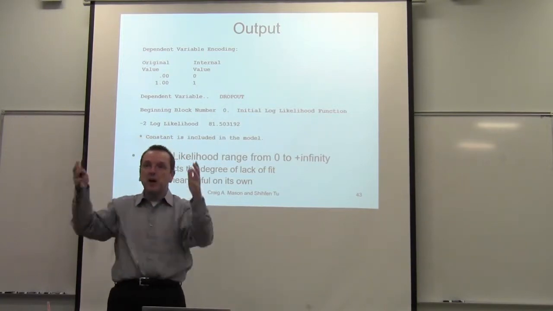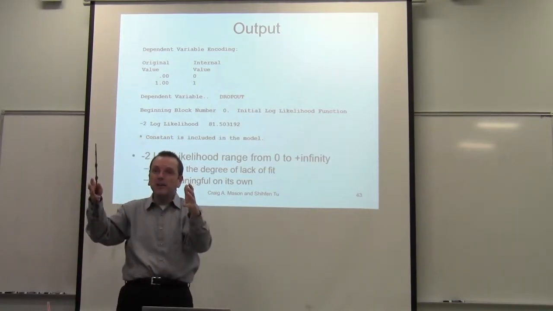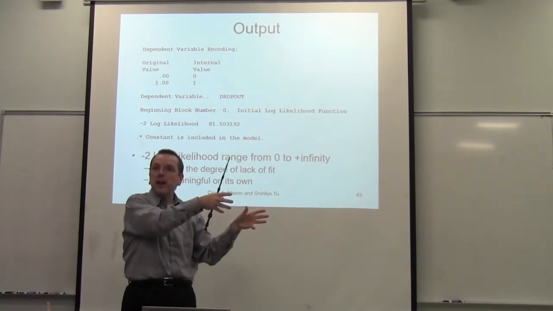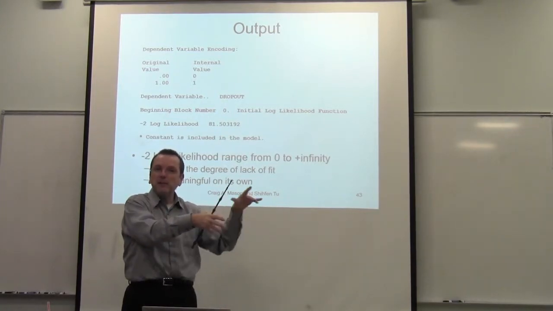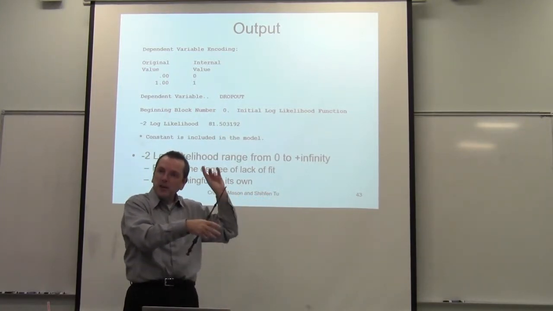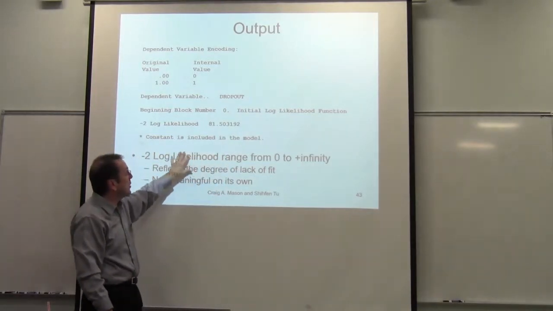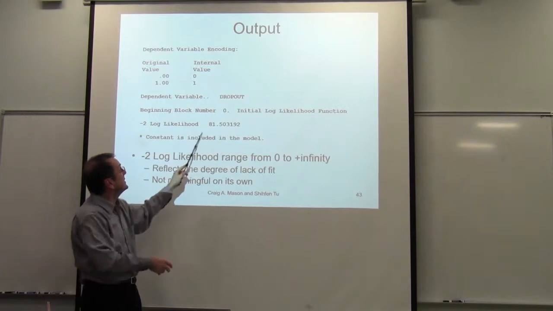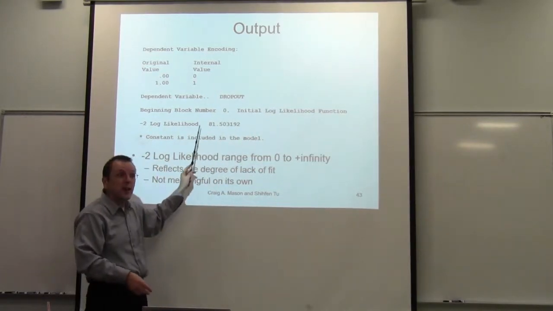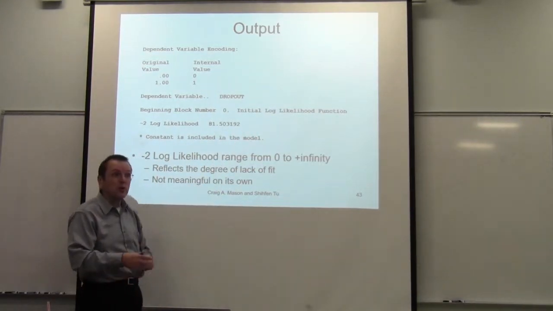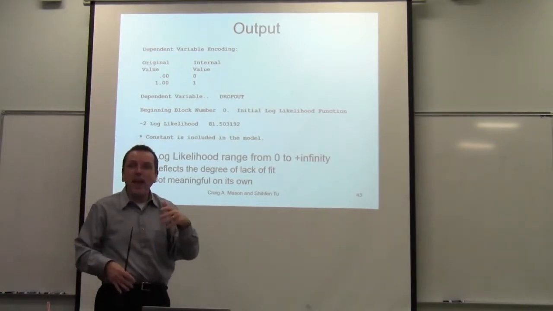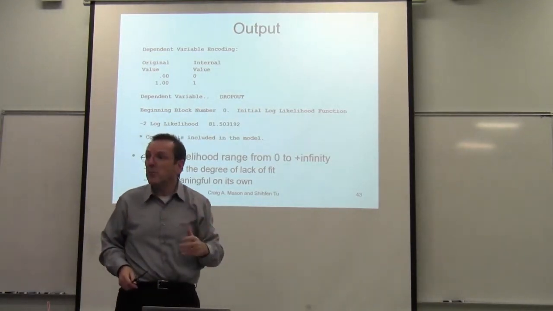So I'm proposing a model, and does this model fit what we see with the data? We've talked about this a little abstractly before, but here's one indicator, and if you go on to structural equation modeling, we're going to revisit this in other ways. On its own, it's an abstract number.